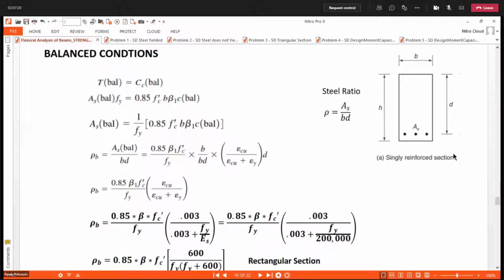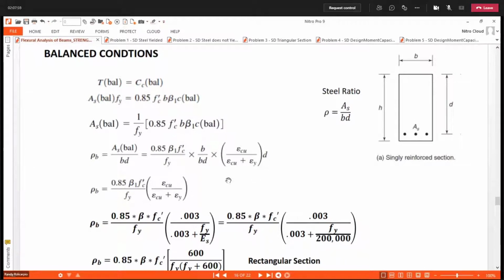The computation of d is the same as in our previous lesson on WSD, the effective depth. So if we equate this steel ratio to balance condition, the equivalent of As balance, which is this equation, we substitute into the numerator, and we will have this resulting equation once we substitute c balance.